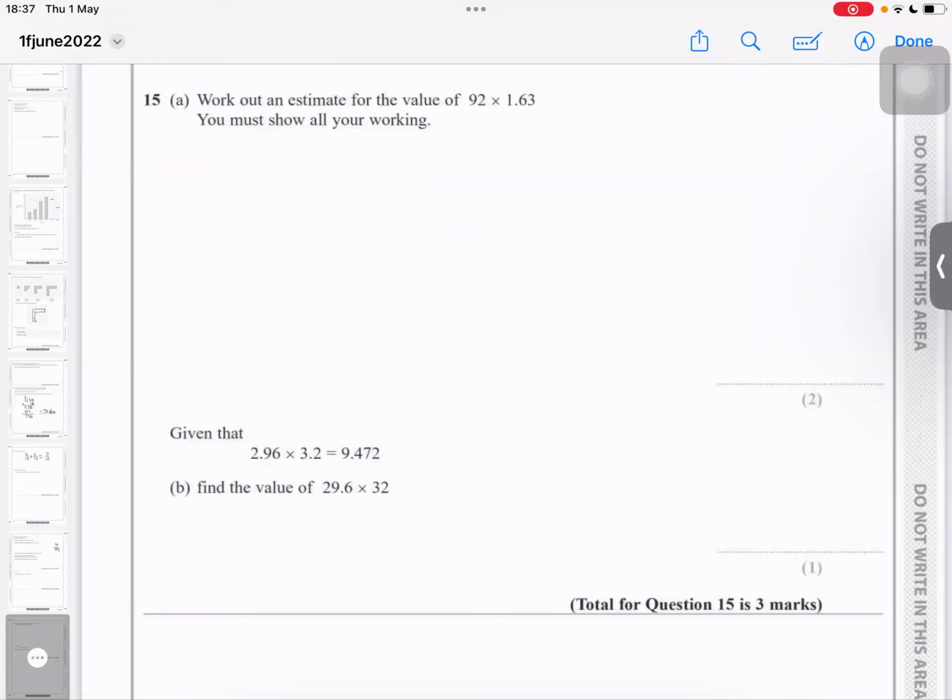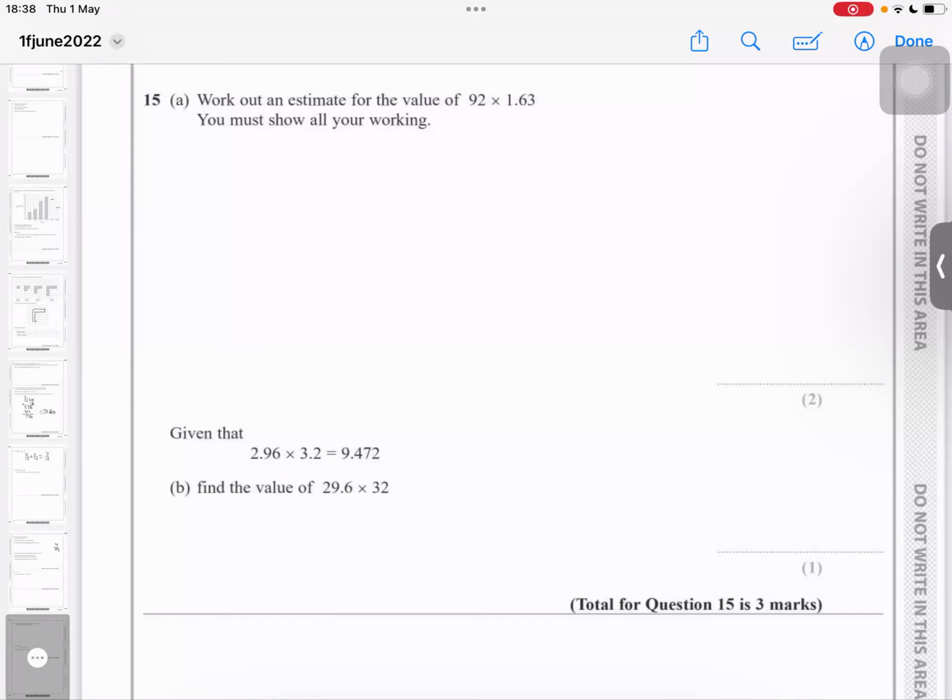It says given that 2.96 times 3.2 equals 9.472, find the value of 29.6 times 32. All right, so what would you do for this one?